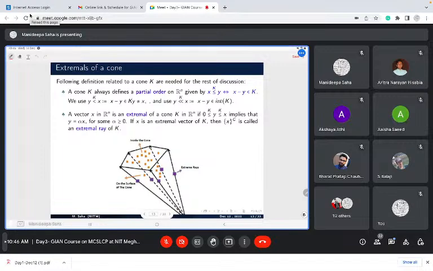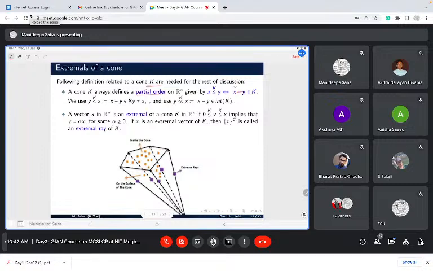What is an extremal? First of all, if we are given a cone in Rn, then this always defines a partial order. How will I define it? x less than or equal to y implies y minus x will belong to K. Yeah, it should be y minus x.